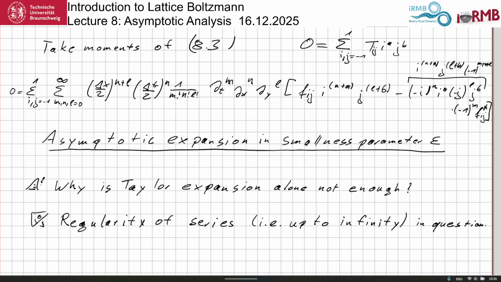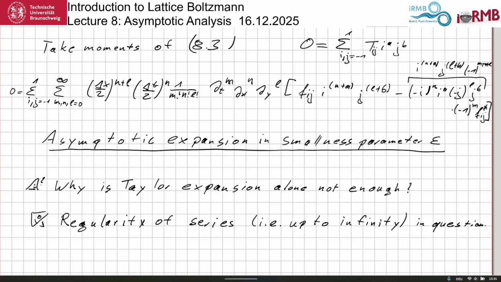Now, in principle, a mathematician could come to you and say, you have oscillations, you do a Taylor expansion of something that oscillates. Actually, this is a discontinuity at the high frequency level. So your Taylor expansion does not exist.